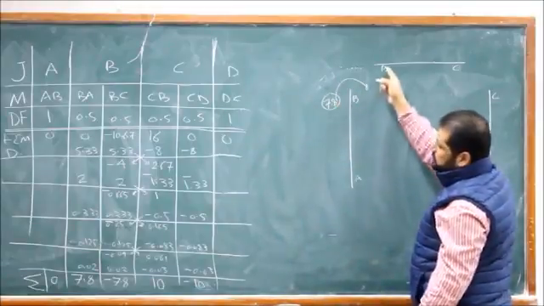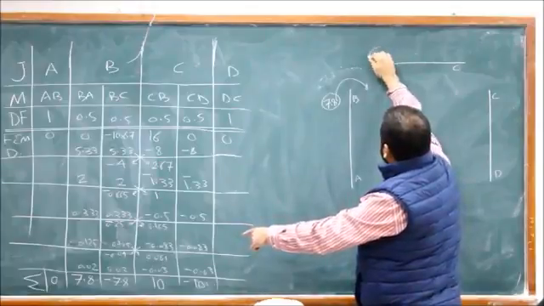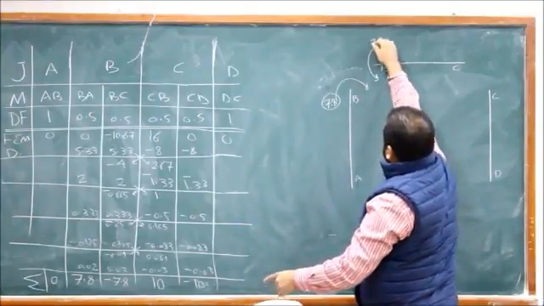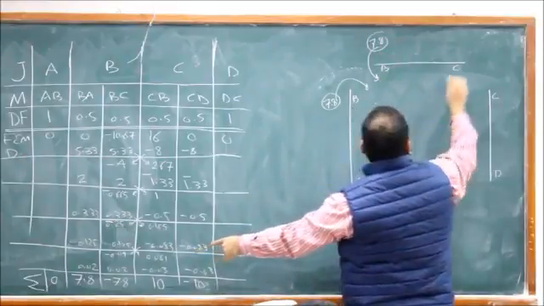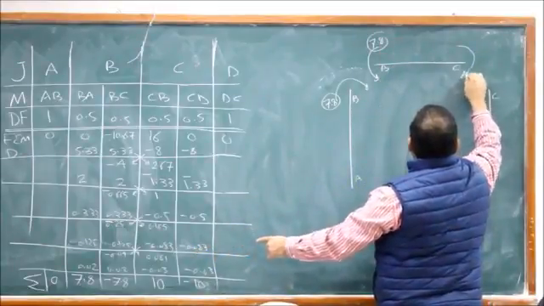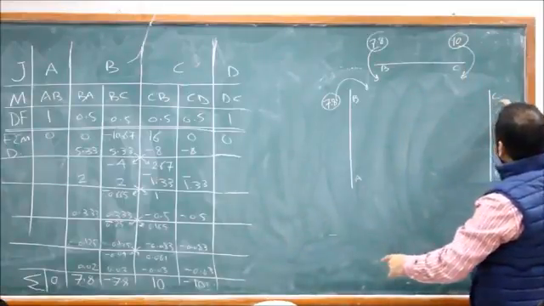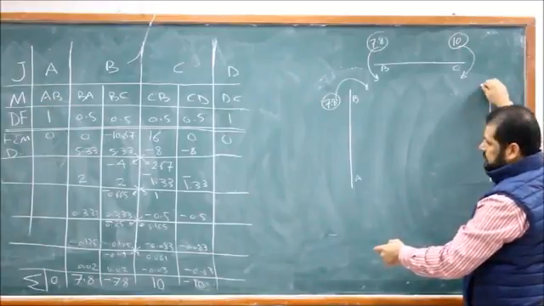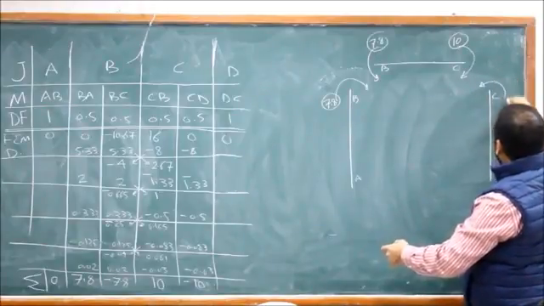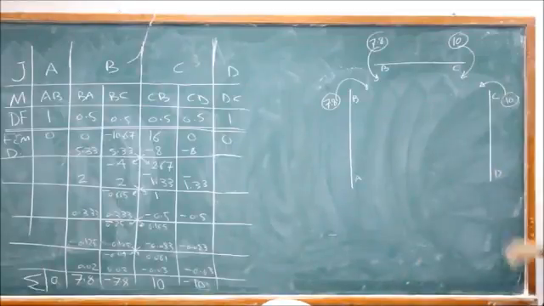This one, BC, minus 7.8, or 7.8 in this direction. This one is 10. That's 10. Okay? And this one minus 10. So this is 10, which means counterclockwise. Good?